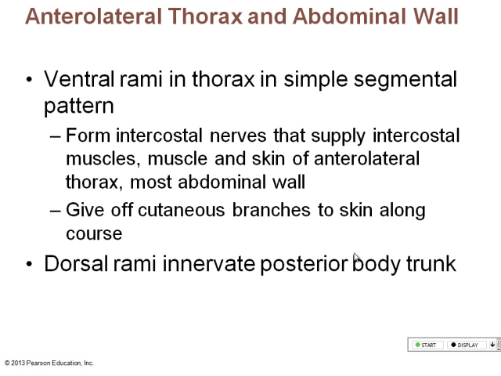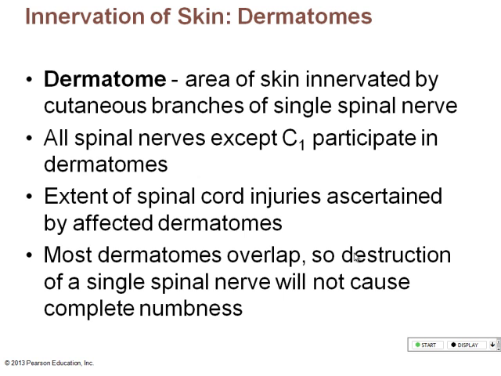Cutaneous branches go to the skin, and the posterior body trunk, those muscles in the back in the thoracic region. We see a diagram on page 510 that maps out some skin regions that can help doctors determine how some of these nerve groups are acting, or if they're acting up.